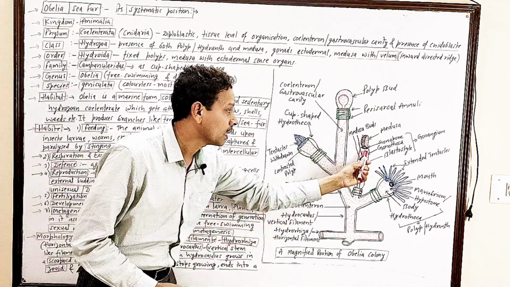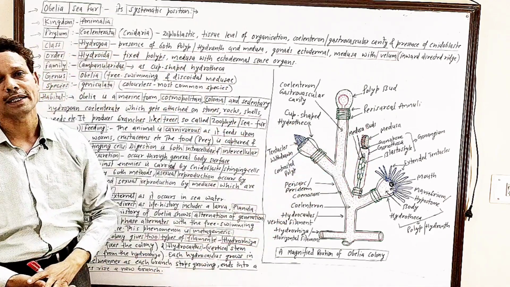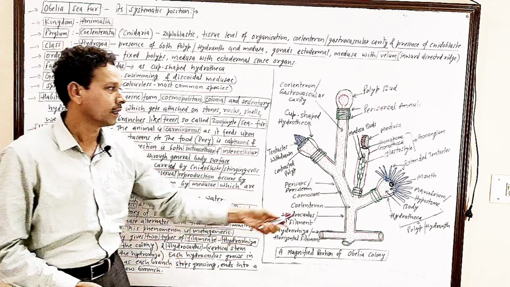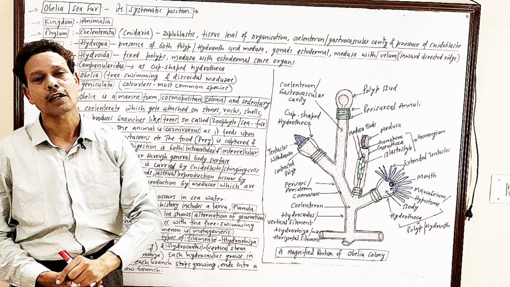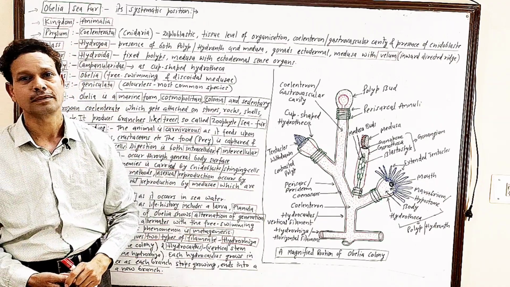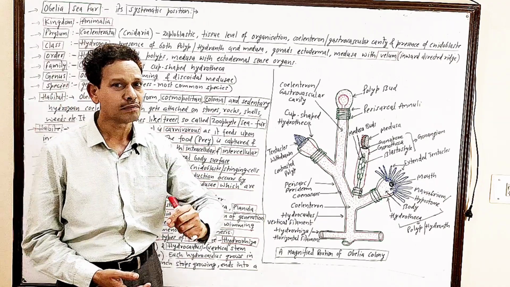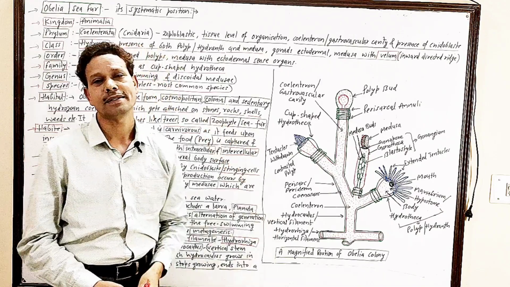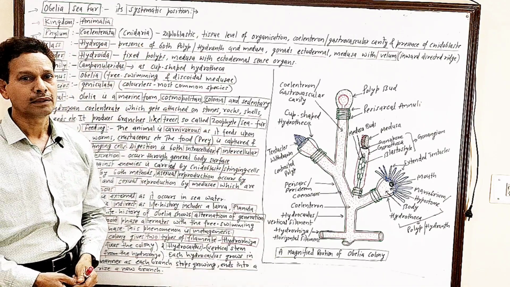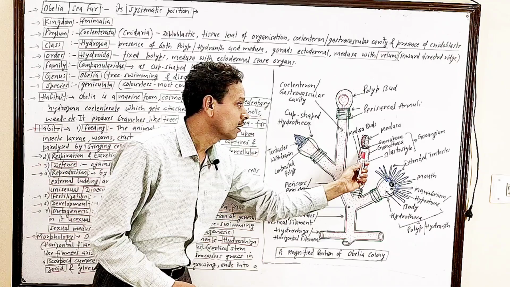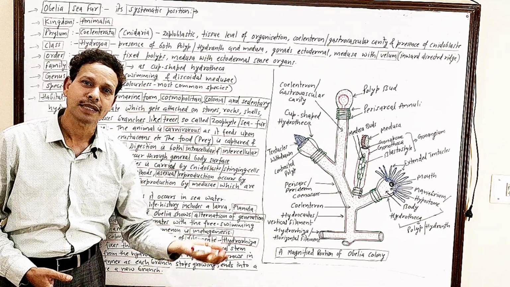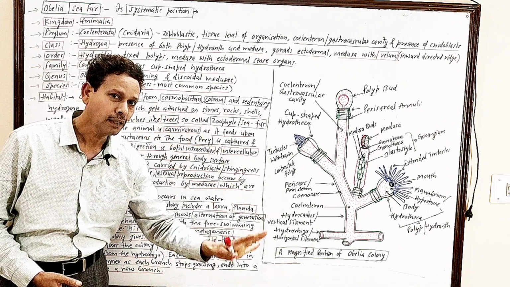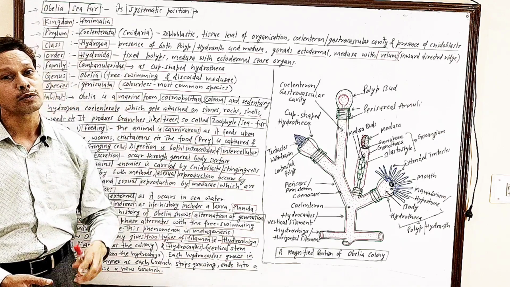And this medusa possesses gonads, and this medusa is unisexual, it is dioecious, it produces gametes. It means the medusa reproduces sexually. The animal reproduces by both methods, asexual by budding and sexually by producing gametes.